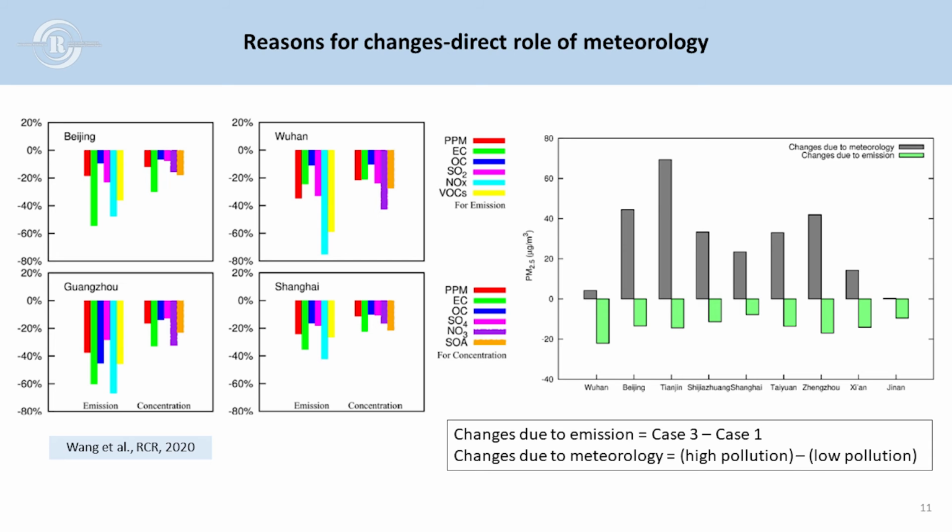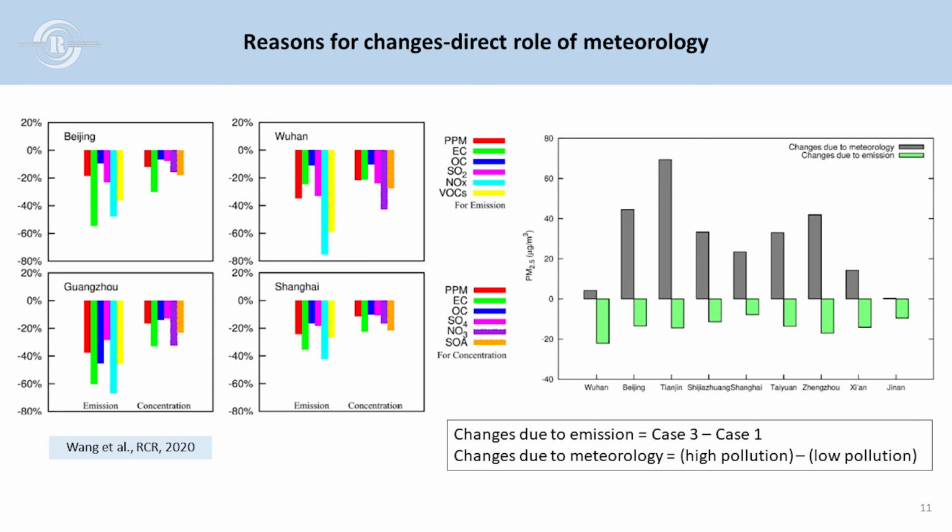So here we can look at Beijing. On the left we have the changes of the emissions, primary PM and elemental carbon, organic carbon, and the precursors to PM2.5: SO2, NOx, and VOCs.